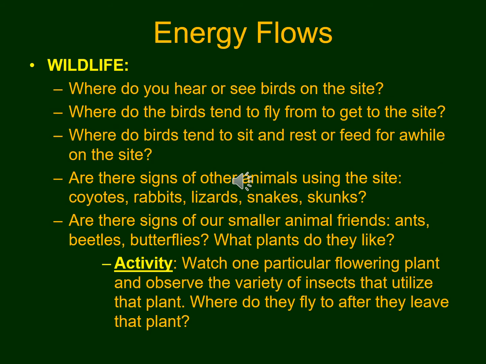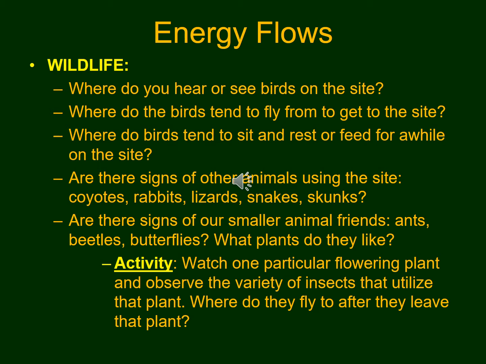Wildlife patterns are an interesting flow to also observe on the site. Birds and insects, like butterflies, are probably one of the easiest things to see. Most times when you go to a site, you can see some birds and perhaps some insects flying in and out and see where they tend to come from and where they tend to congregate on site and how they leave the site, so the flows.